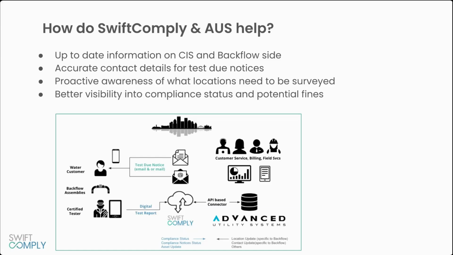If that person has visibility into what is going on at that location just within their CIS view, great. They can not only answer their questions, but they could also say, "Hey, it looks like you have a backflow test report that is due to be submitted in the next 2 weeks. Were you aware of that? Have you performed that? Have you gone ahead and hired a tester to look at that for you?" Again, it's just more ways we can share that information.